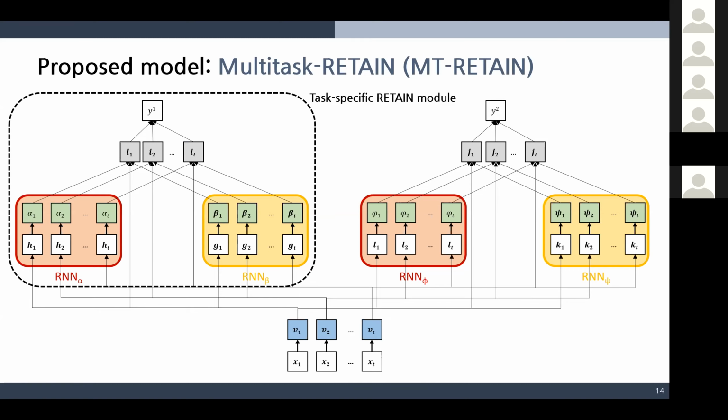Then a Retain module for each task is trained using this embedding. An RNN for time level attention and an RNN for item level attention are trained for each task, and the prediction for each task is made using the shared embedding and the attention from the respective pair of RNNs.